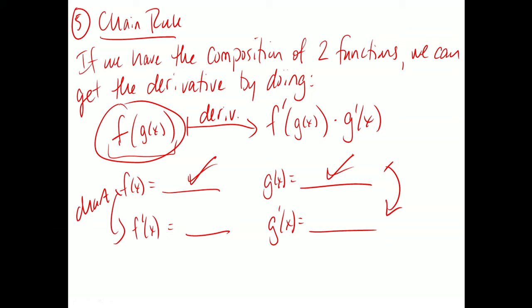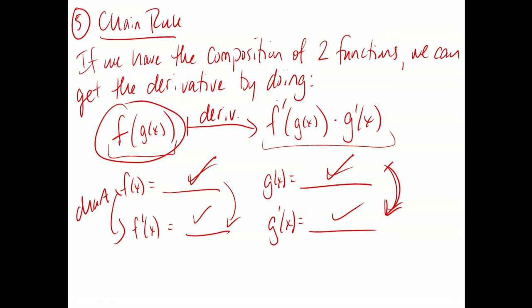Now once I get us set up correctly, then I do my usual find the derivative, and then here's how I assemble my answer. Be careful when you assemble the answer, and we'll do many examples of this, but you have to be ever so careful.